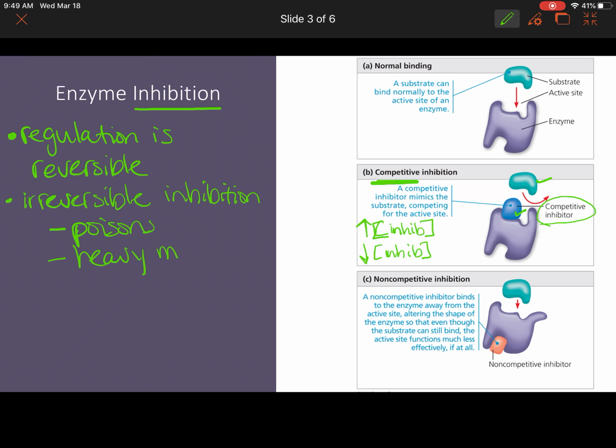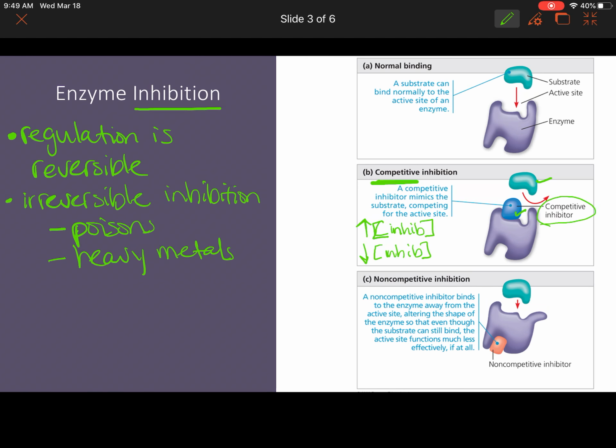Heavy metals can be irreversible inhibitors, where you're essentially poisoning a living thing. You're permanently inhibiting its enzymes so that it can't do the job it needs to do to support life. And that's a bad thing. Okay, so we want our regulation to be reversible. We don't want to permanently disable the enzymes.